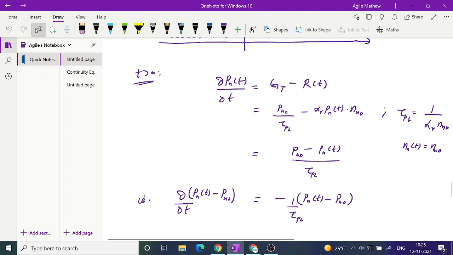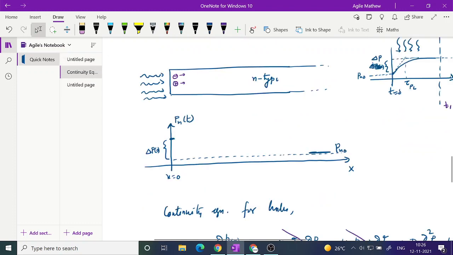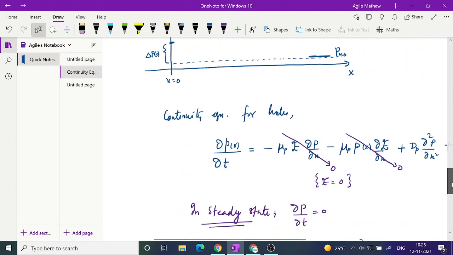But now we are not looking with respect to time, so I will write Pn0 minus Pn of x divided by tau PL. So let me substitute.